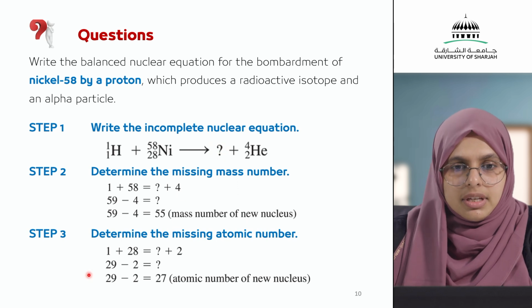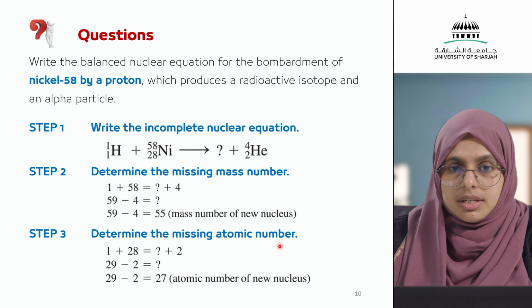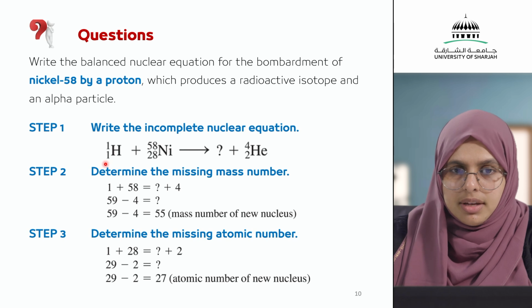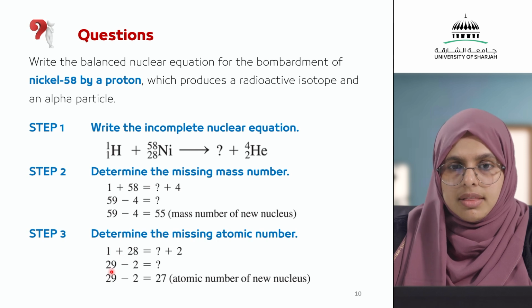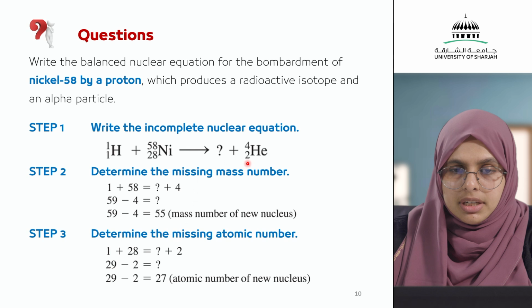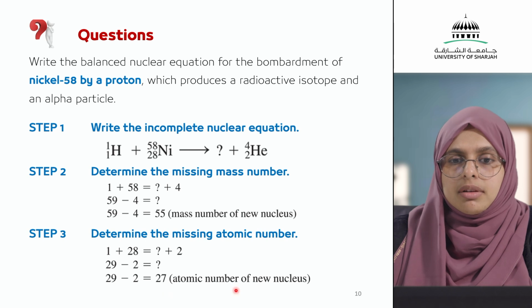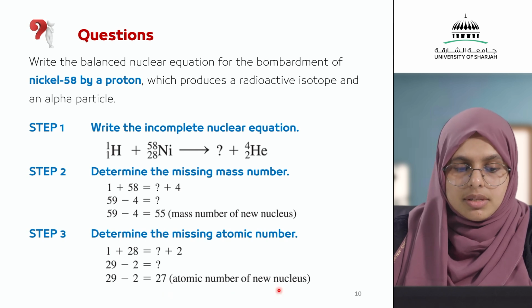In the next step, you determine the missing atomic number. You take the sum of the atomic number of a proton, which is 1, and nickel, which is 28, that gives 29. Now you subtract the atomic number of alpha particle, which is 2, from 29, giving 27, and that will be the atomic number of the new nucleus.